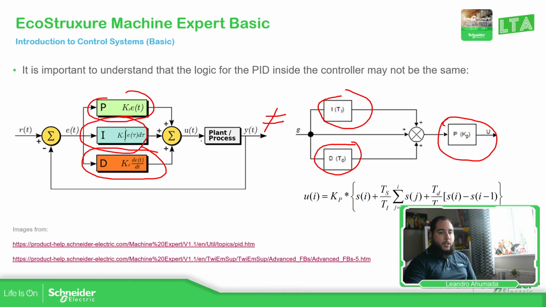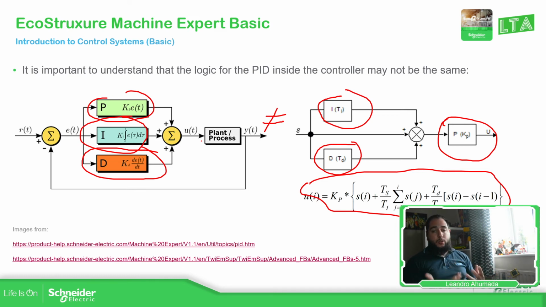As you can see here at the bottom, there is a lot of mathematical stuff, but I'm not going to get into details, at least now. So this is more or less the PID. What we have, for example, in Machine Expert Basic for the Modicon M221 is the possibility to use auto tuning. We're going to cover auto tuning later.